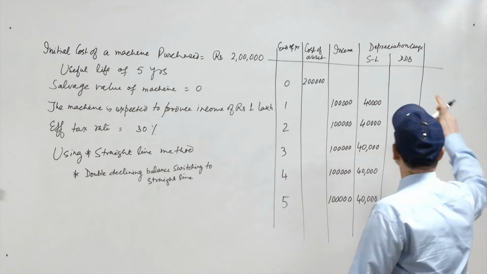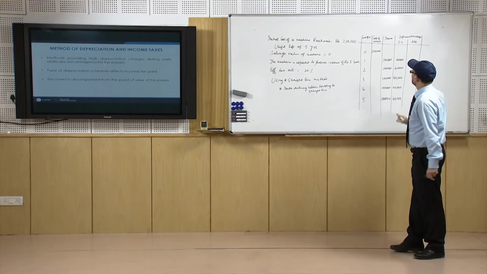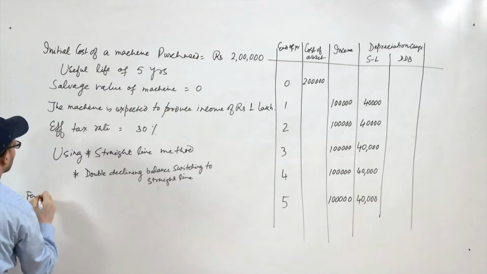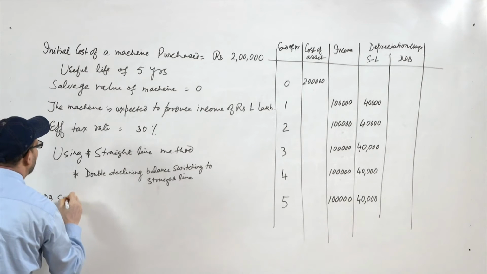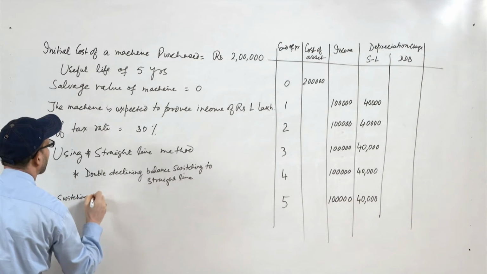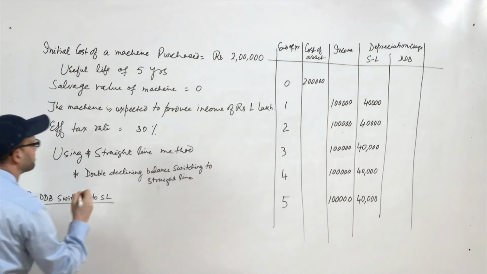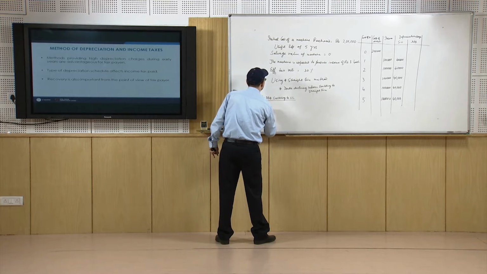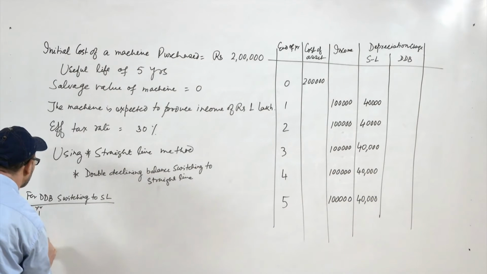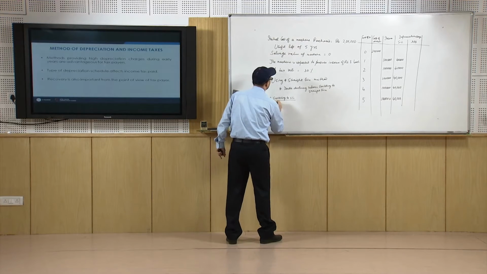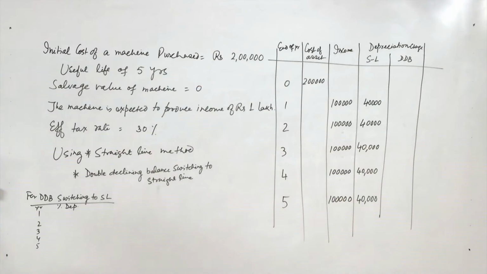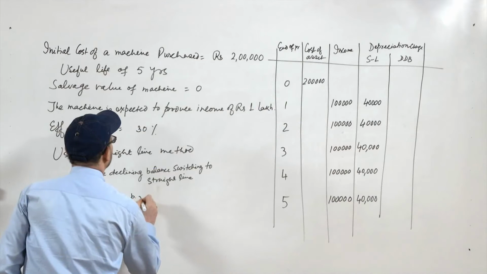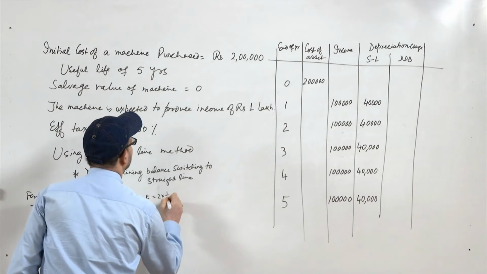Now, using the DDB method, switching to straight line, the percentage depreciation during the years 1, 2, 3, 4, 5 will be, as we have already done it, calculated as follows. The depreciation rate is 2 into 1 by 5, that is 40%.